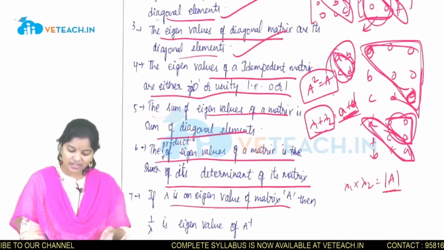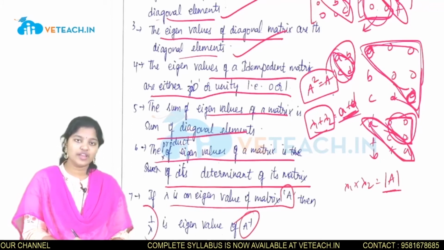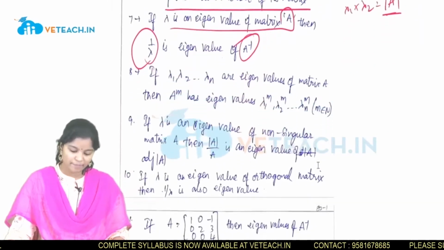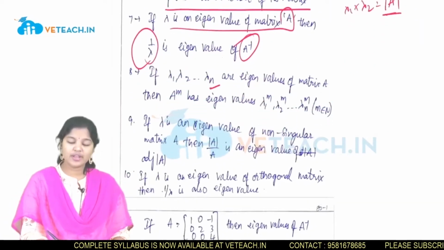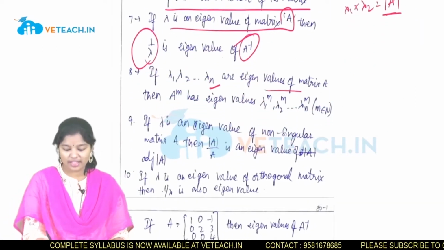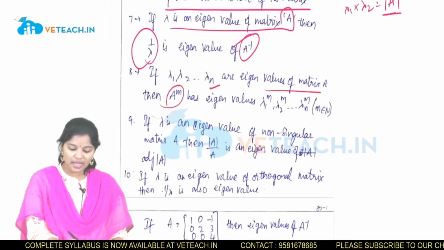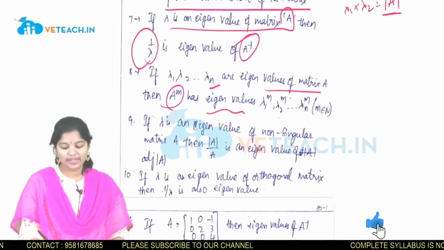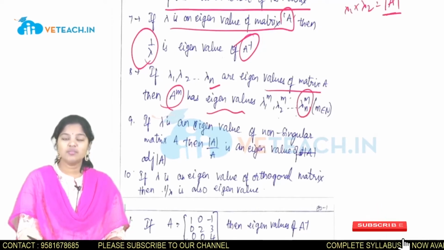If lambda is an eigenvalue of A, then for A inverse we will have 1 by lambda as the eigenvalue. If lambda 1, lambda 2 and so on up to lambda n are eigenvalues of a matrix, then A power m has eigenvalues lambda 1 power m, lambda 2 power m and so on up to lambda n power m.